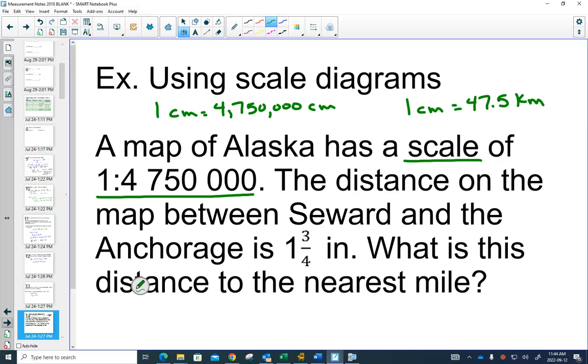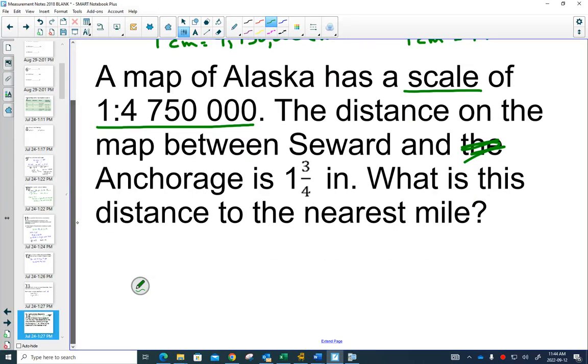Now, the distance between Seward and Anchorage is 1 3/4 inches. So if 1 inch is this, this is your scale, then you need to find out what 1 3/4 inches is.